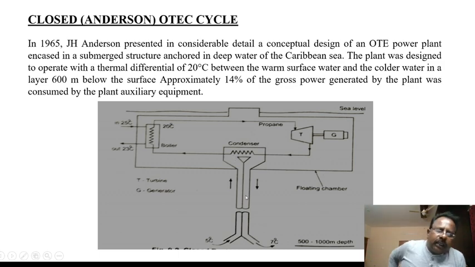Now let us see how this closed Anderson cycle or closed vortex cycle actually works. As we said earlier, the float will be present on the warm surface of the water. The naturally available surface water, nearly 25 degrees centigrade, will be taken into the closed cycle system.